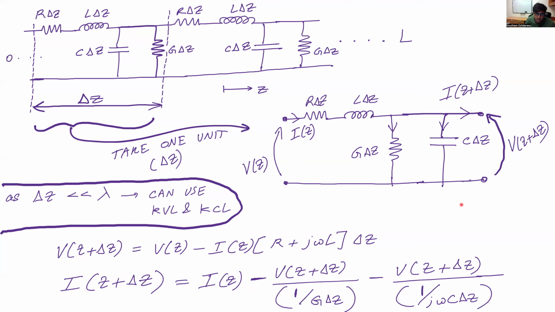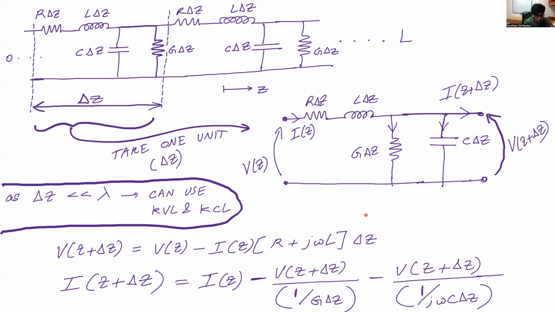So now for this single section, we can apply KVL and KCL to solve for V of z plus delta z, as well as the current I of z plus delta z, in terms of the current I of z and V of z. We can use KVL and KCL within this differential element of the transmission line because it is assumed that this delta z is much smaller than the shortest wavelength of interest of the transmitted digital signal.